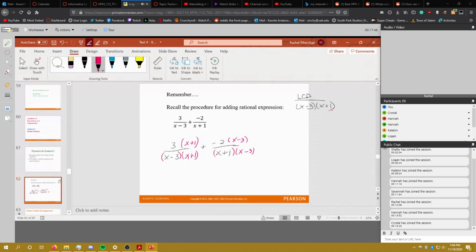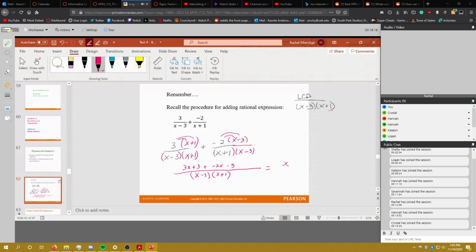Okay, so now we have a common denominator, and now I can combine this all with the same common denominator. It doesn't matter what order you have those in. So I have 3x plus 3 plus negative 2x minus 5.